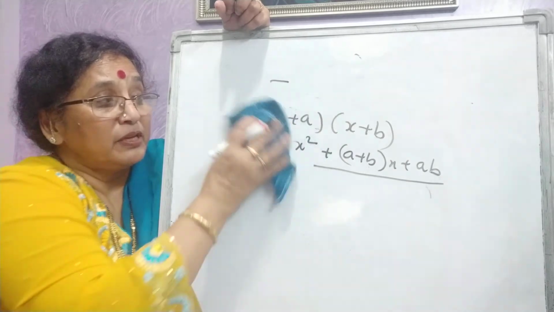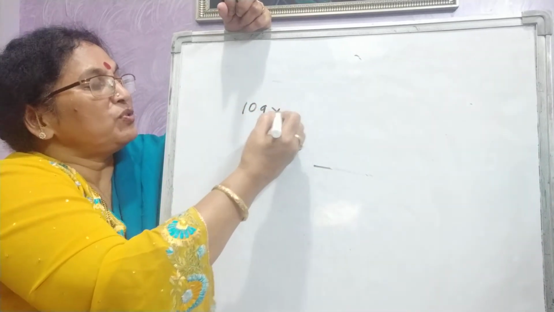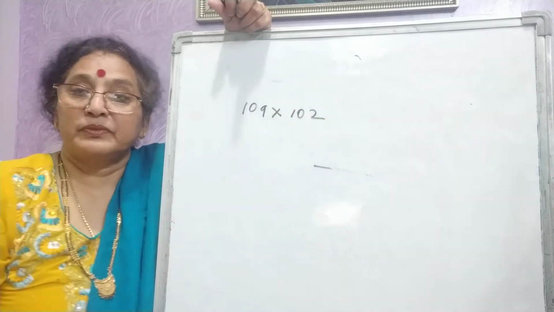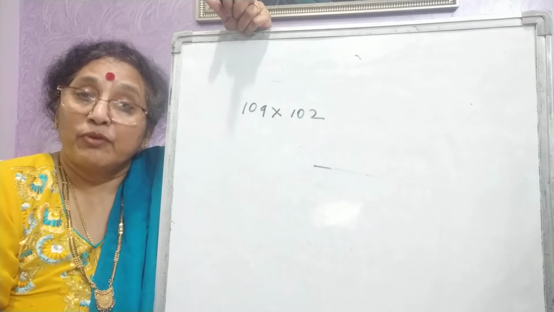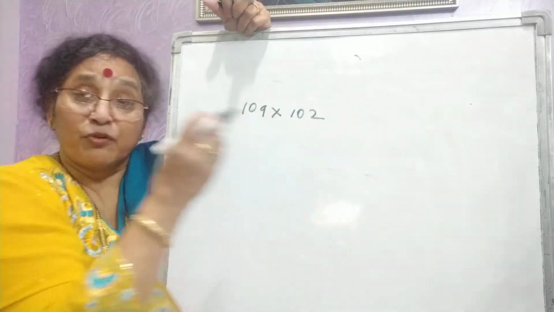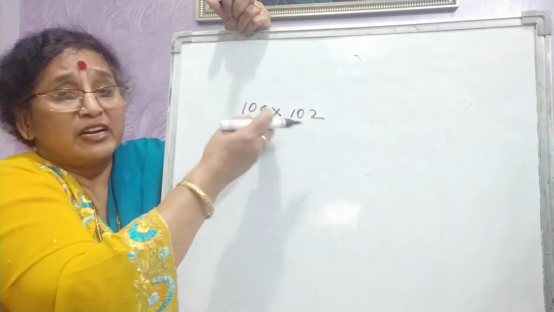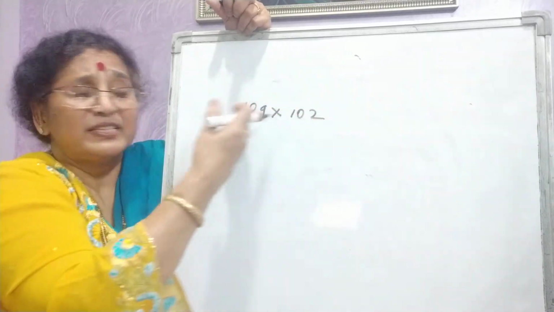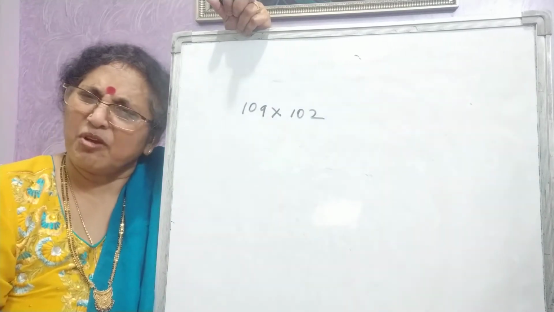For example, we did a sum like, suppose you have 109 into 102. So these numbers are very close to 100, right? So what do we do? Of course, you can do that. This is 100 plus 2: multiply 109 with 100, put in 2 zeros, making 10900, and twice 109 is 218, and add it. That's also fine, no problem.